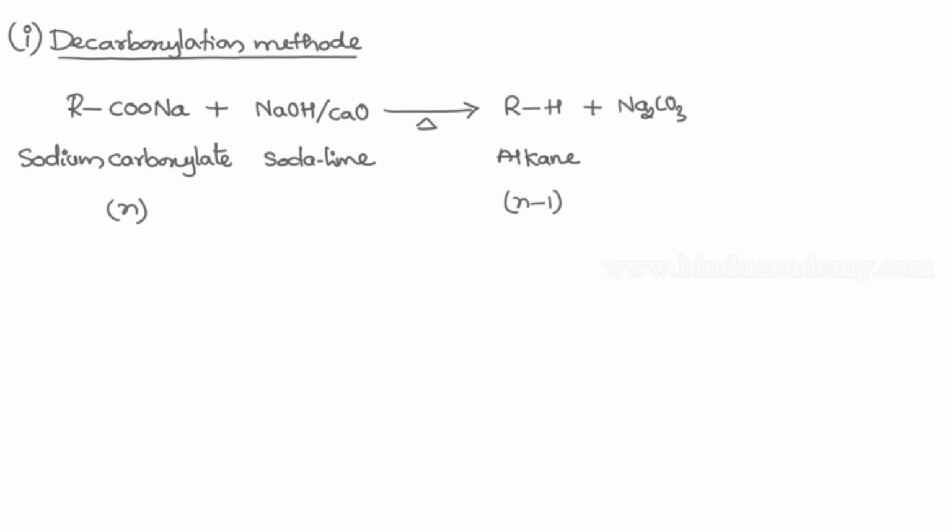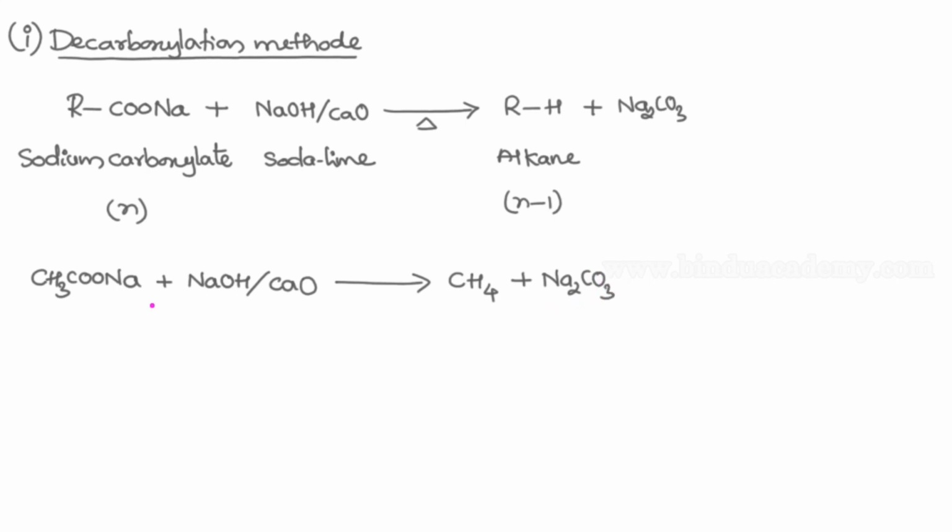I will take here the sodium salt of acetic acid, so that is CH3COONa, and that is allowed to react with sodium hydroxide NaOH in presence of calcium oxide CaO. You can even write it in a bracket like this. Okay, no issues with that. Calcium oxide, and the product is CH4, and along with that you will get Na2CO3 produced.